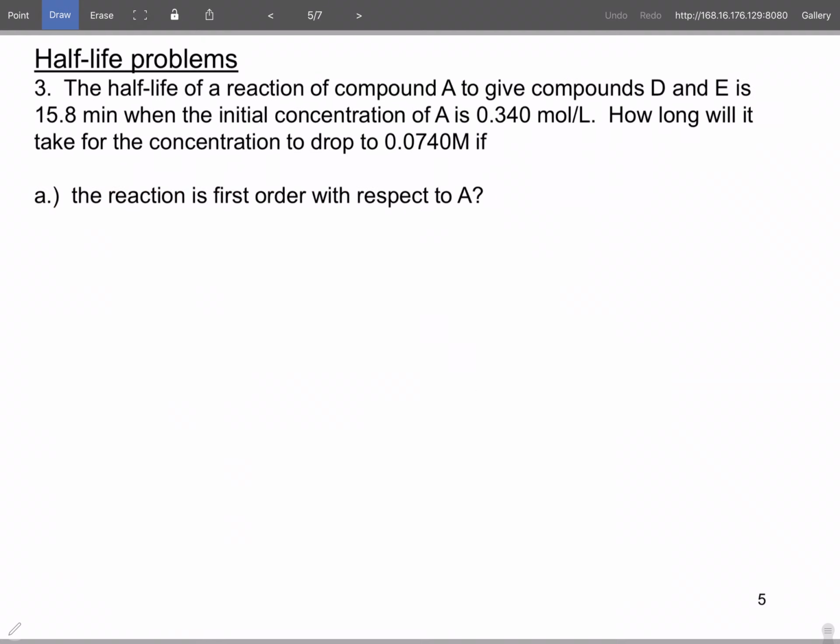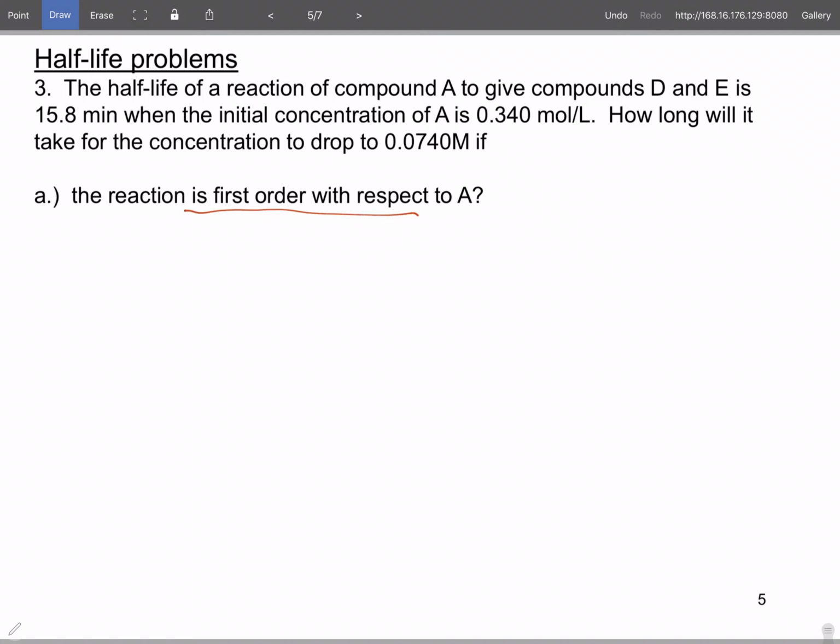Okay, so here's the next one, the half-life of a reaction. How long will it take? Now, on this particular problem, what we're looking at is the order is changing. So if you'll notice, this is A and this is B. So we're flipping back and forth, because the first one's going to be first order.